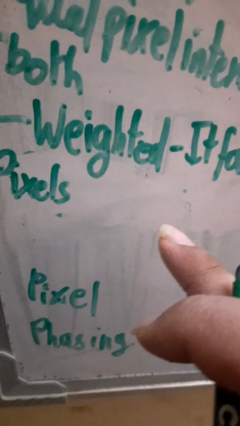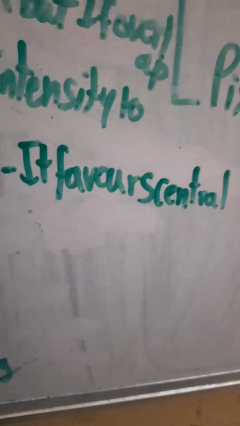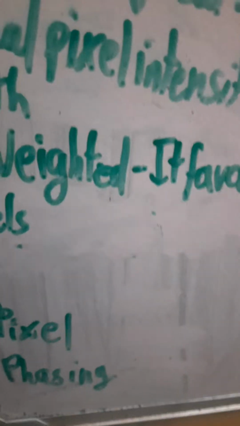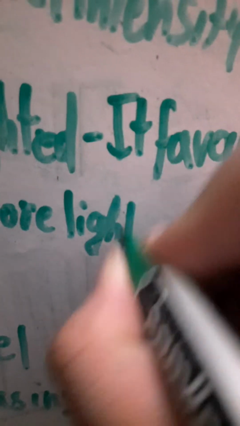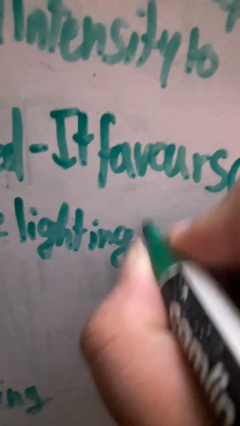So it favors central pixels, towards the center. The more the pixel is towards the center, the more it favors it, lighting with high intensity.